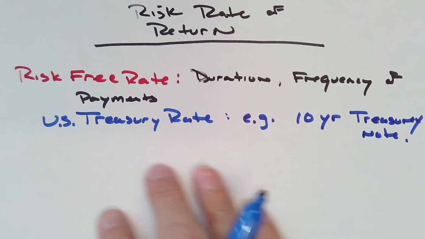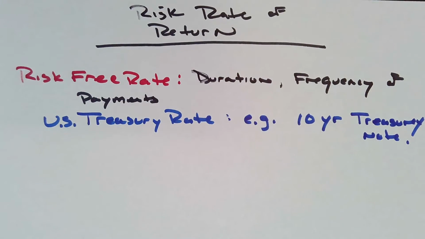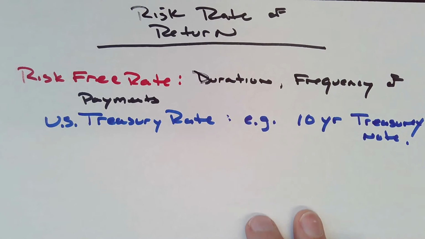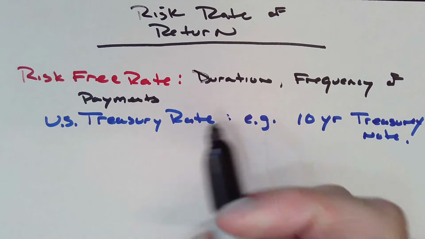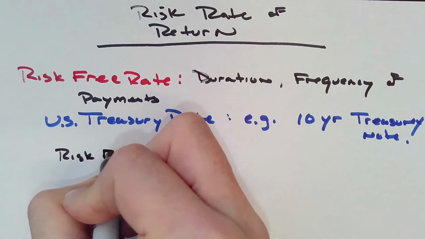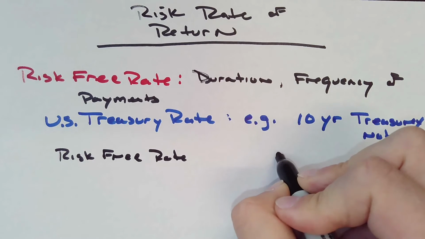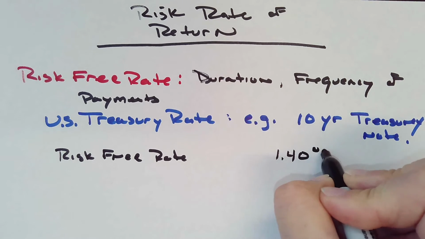So we can then start adding to this what we think are the risk parameters. So if we looked at the 10-year rate, kind of looking at it this morning, the risk-free rate is around 1.4%.